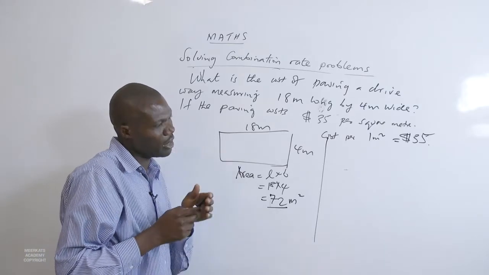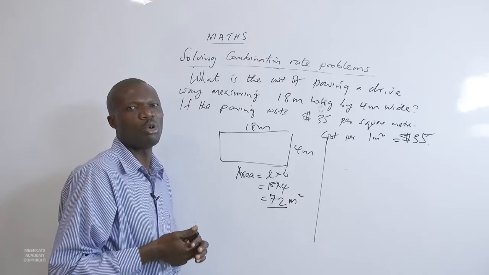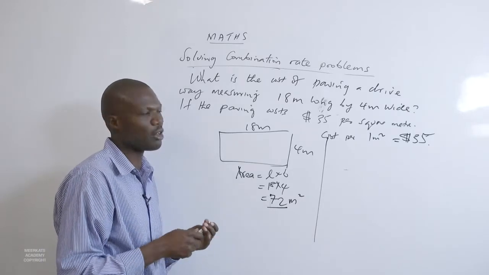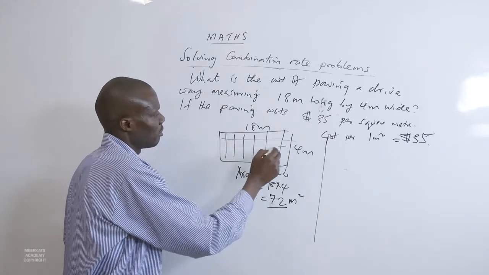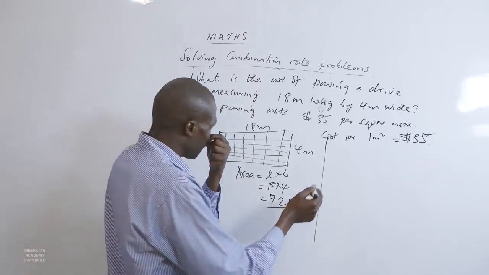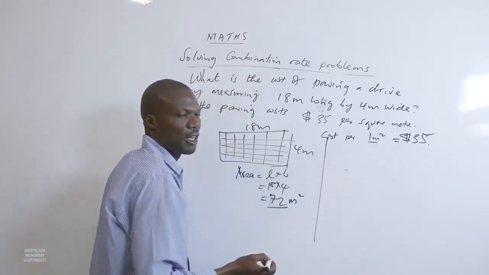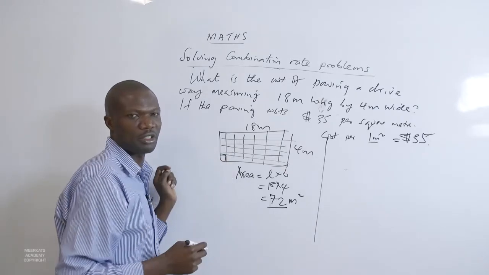And 1 square meter is simply 35. So what is supposed to be the total cost for paving across all this? Because this is what we have to pave. Now, if you look at 1 meter square, it is like a small box like that.